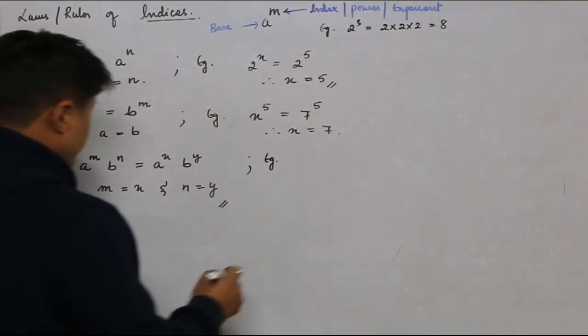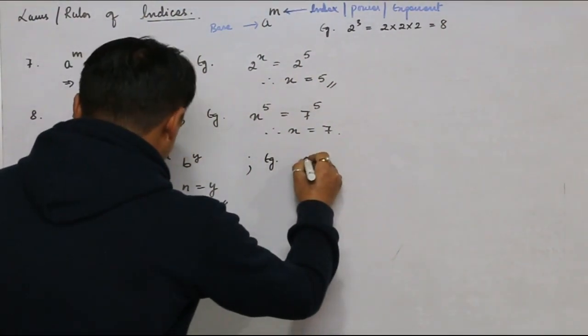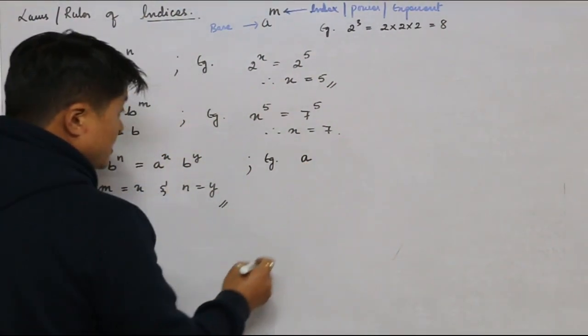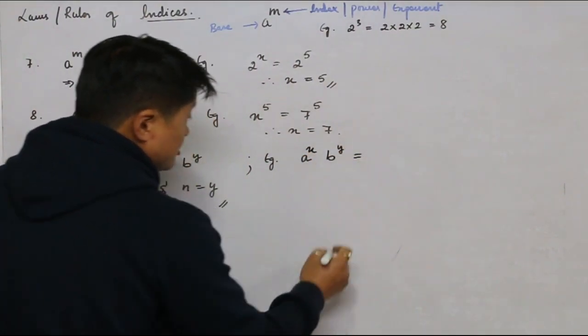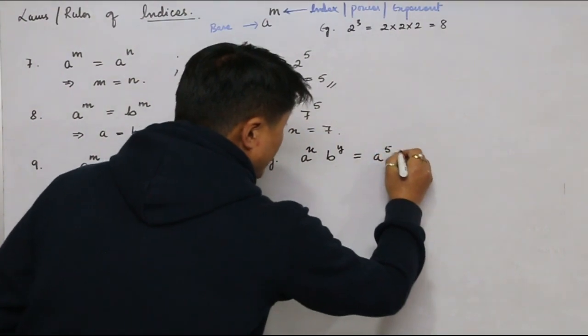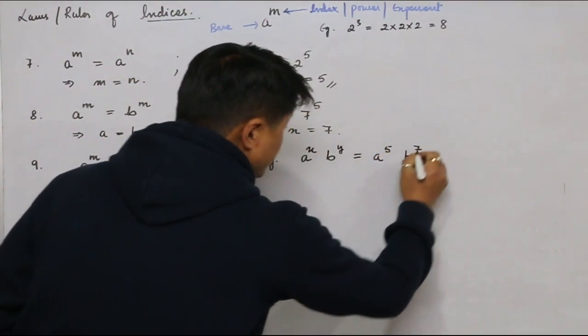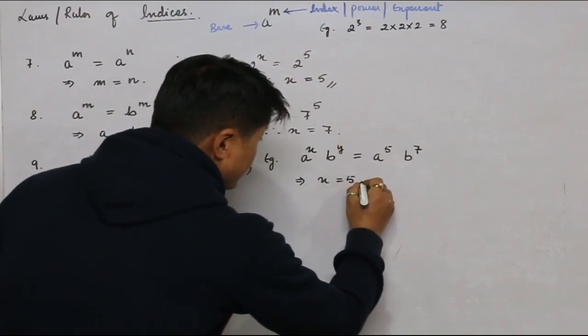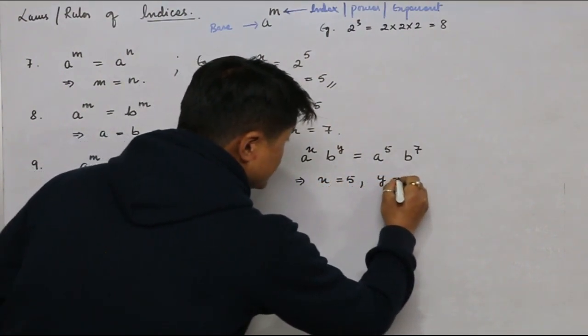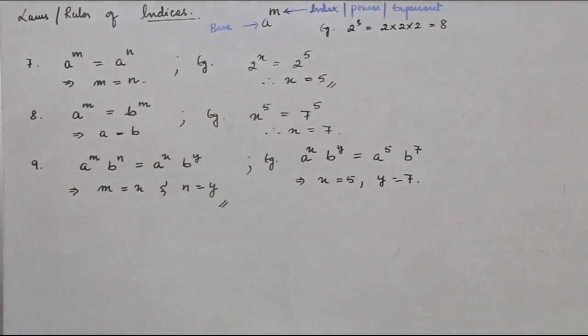Example, a to the power x, b to the power y is equal to a to the power 5, b to the power 7. Then we can write x is equal to 5 and y is equal to 7.